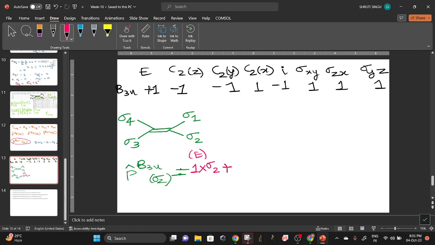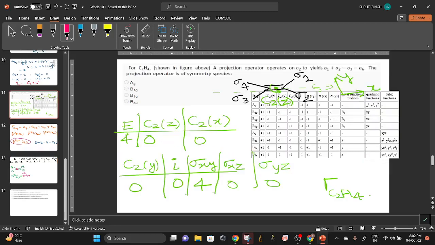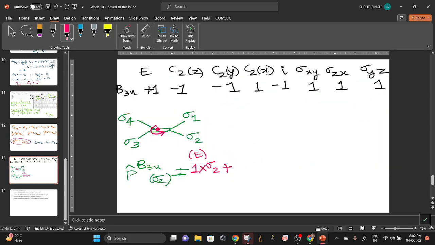Next, C2Z. Z is here, coming out of the screen. If we apply C2Z, this will go there, this will go there. So it will be sigma 4.